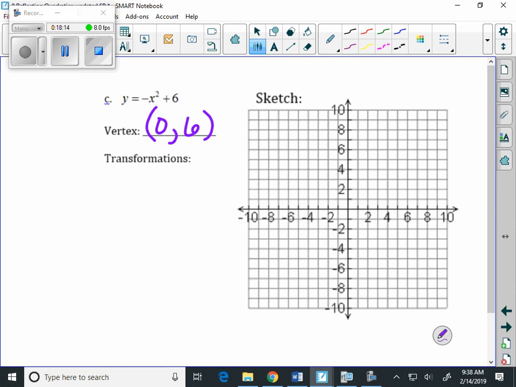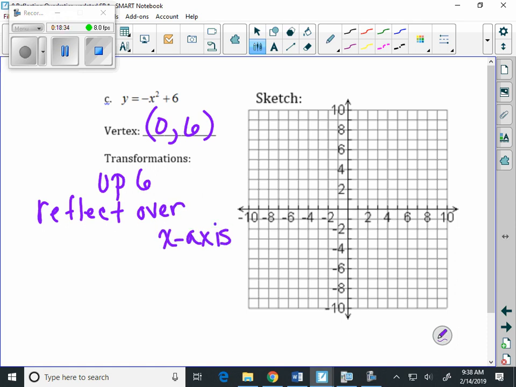When we look at what's happening in this graph, we're going up 6. That's the plus 6. And then we have a negative in front of the function, which means that we're reflecting over the x-axis. And 0, 6. Start with the vertex.